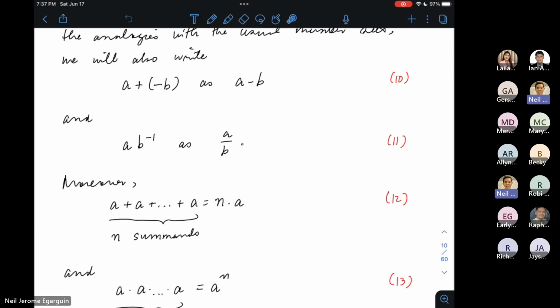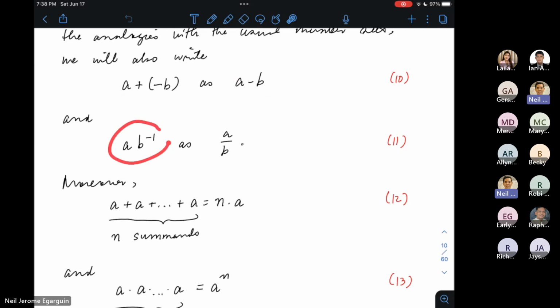Dalawa lang yung operations natin, addition and multiplication lamang. Well, A minus B is just our shortcut for writing A plus the additive inverse of B. All right? So yun yung nangyayari sa A minus B.